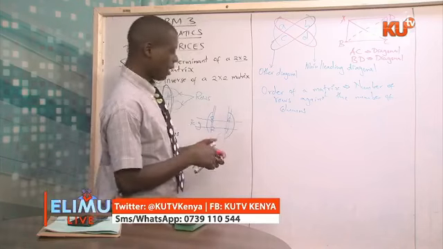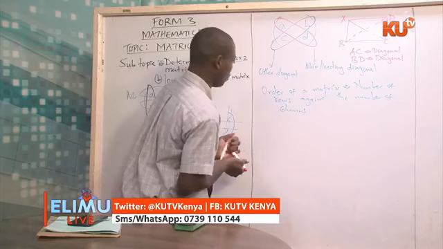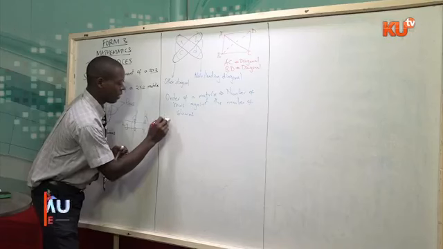So therefore, what is the determinant of a matrix? What do we mean by determinant?